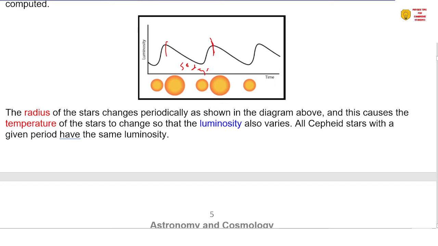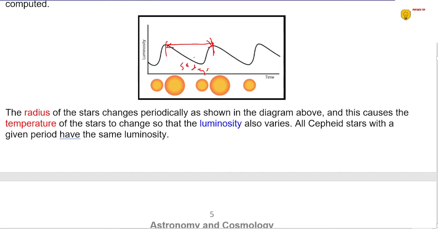As this has been shown, the radius of the star itself decreases. So this is when the radius is decreased, and when it is large, that's when we have more luminosity, and then after that period we are going to get brightness again.